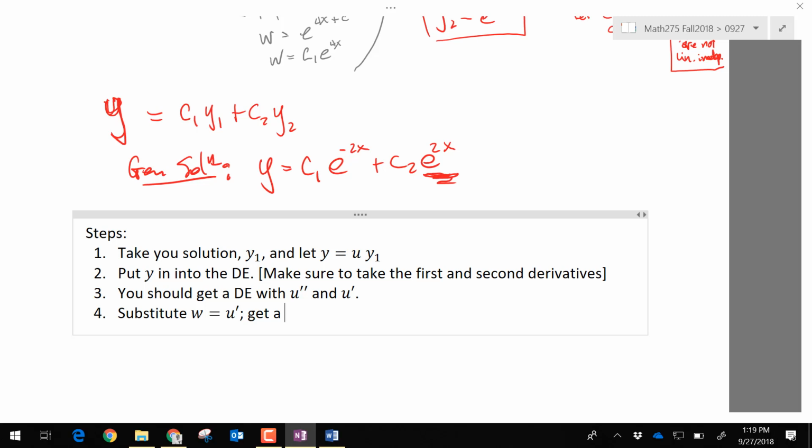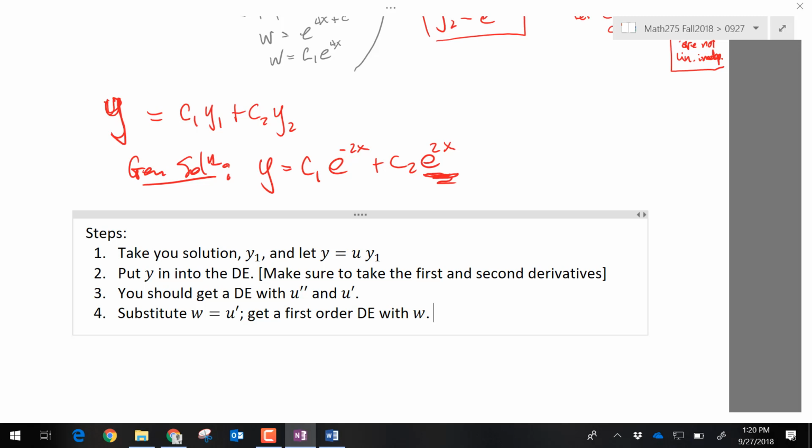Get a first order DE with w. So sometimes it's separable, sometimes it's just regular first order. And since we're talking about linear differential equations here, we can either separate it or we can use the first order linear process.